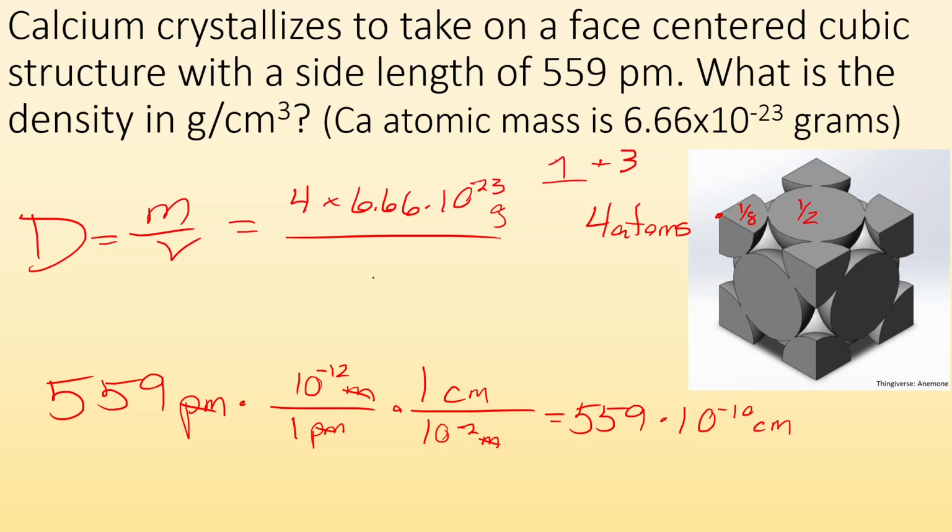Now my volume is going to be that number cubed, 559 times 10 to the minus 10 centimeters cubed. And when I plug and chug I get my answer, 1.53 grams per cubic centimeter.